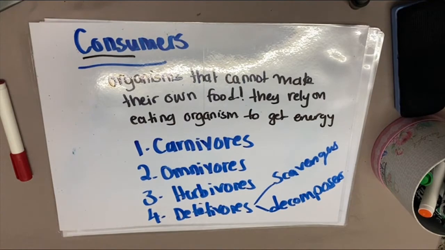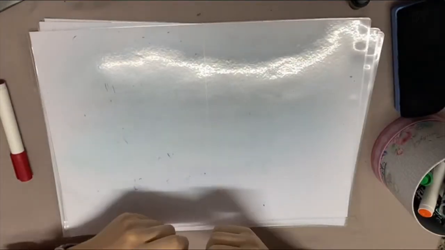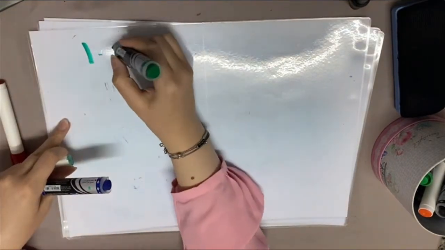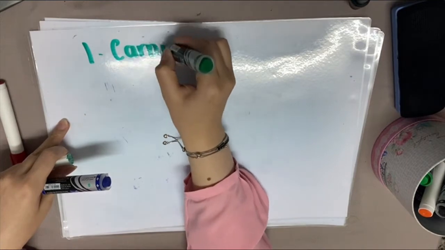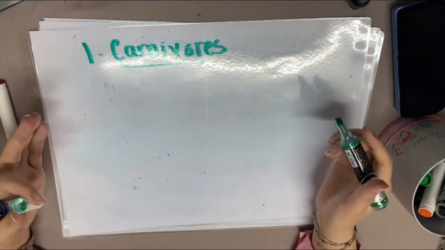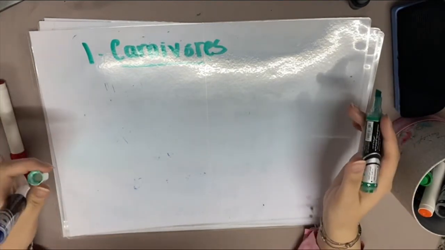Okay, sorry. So, we're gonna go into each of these. Simply, let's start with the simplest from the beginning. Carnivores. What happens to carnivores? They eat other consumers. They do not just eat meat.